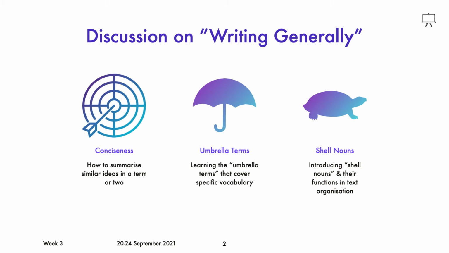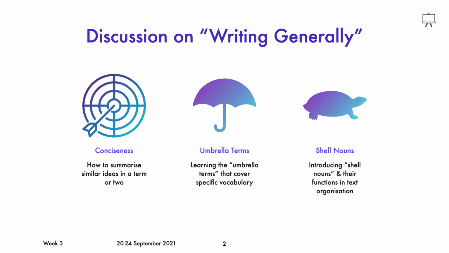Since we have started talking about summary writing, I'm sure you have rough ideas what it means by writing concisely. Last week we talked about how you are going to delete, remove details like examples of particular people, incidents, and whatnot.